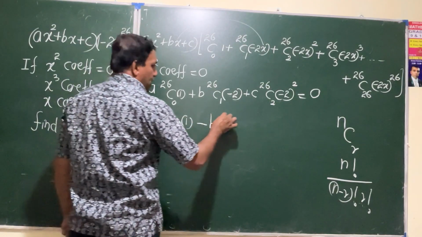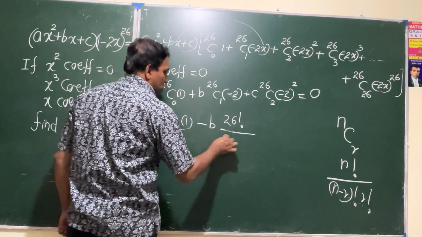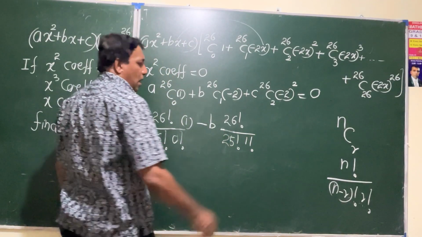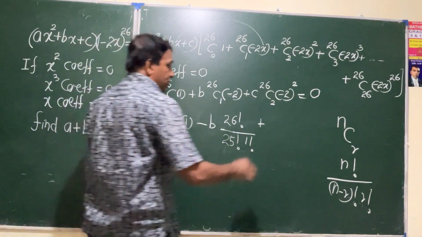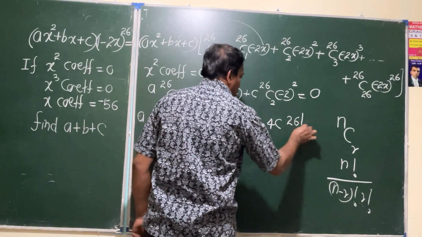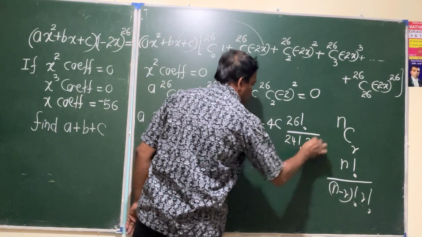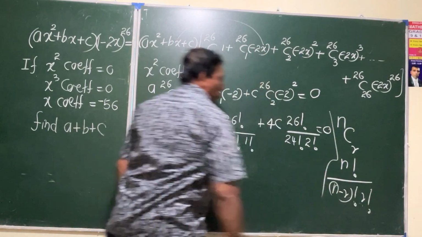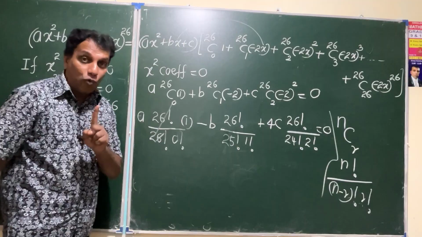And what is that? 26 factorial over 26 minus 1, 25 factorial, 1 factorial, right? And minus 2 square is 4, right? Therefore, 4c, once again, 26 factorial over 24 factorial into 2 factorial, right? That is the 0 part. If I further simplify, I just cancel 0 factorial, 1, right?